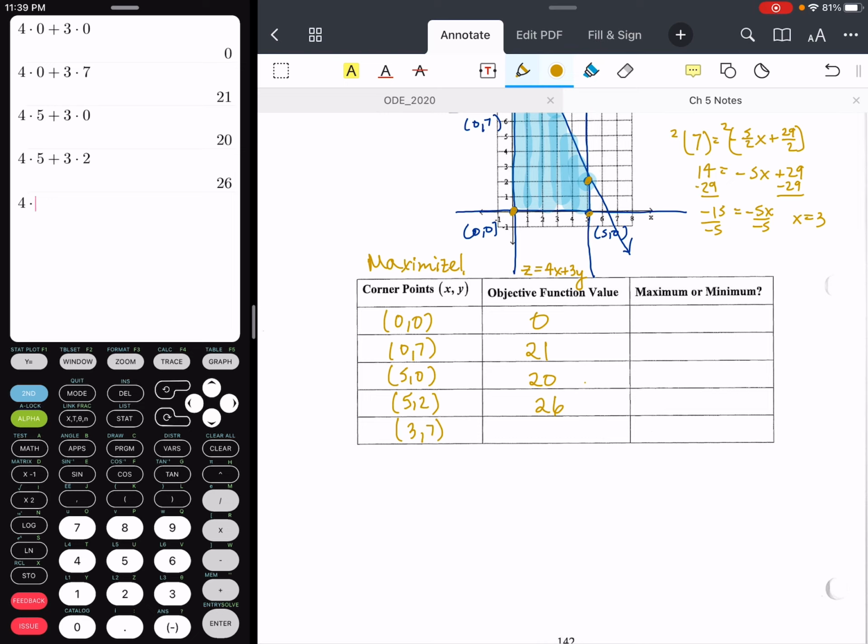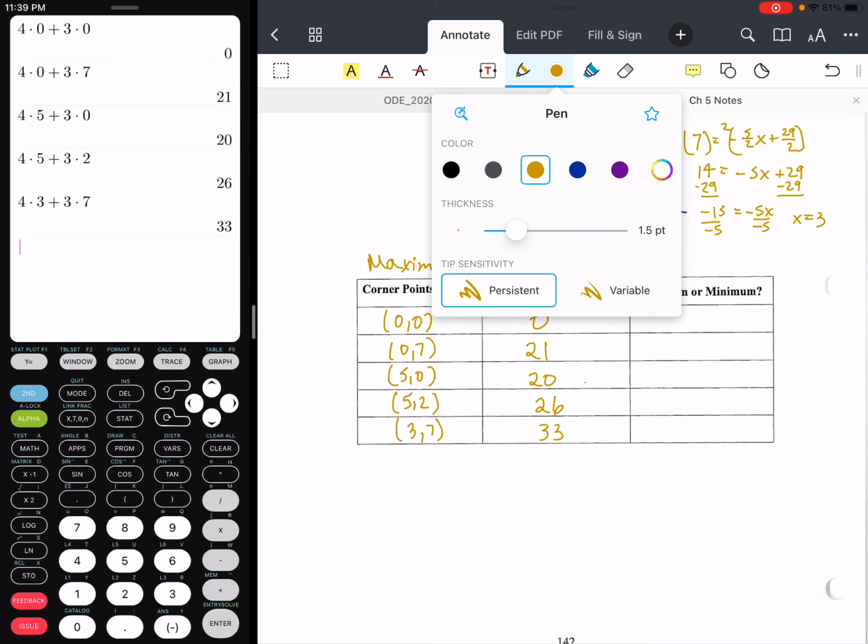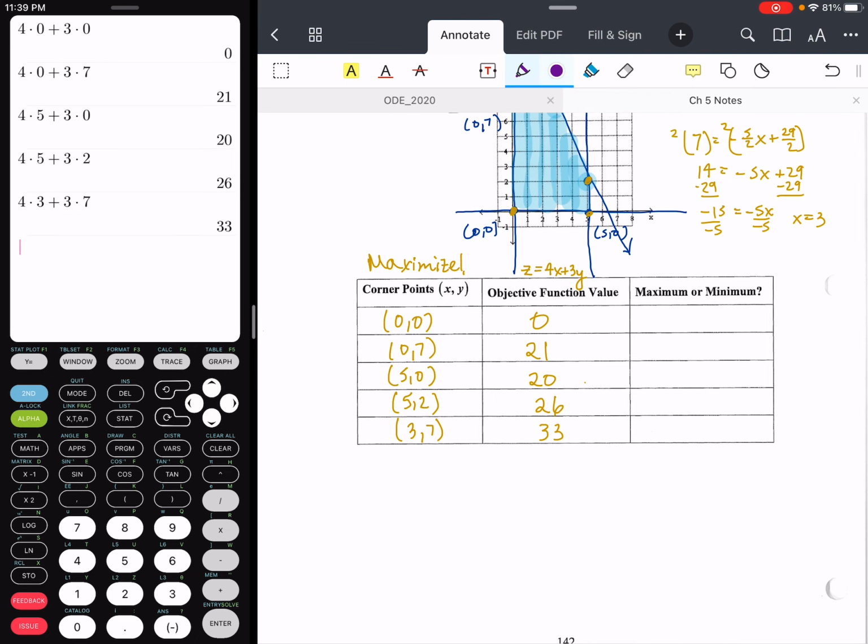And then 4 times 3 plus 3 times 7 is 33. So our goal is to maximize the function and the maximum value is 33, and this occurs at the location 3, 7.